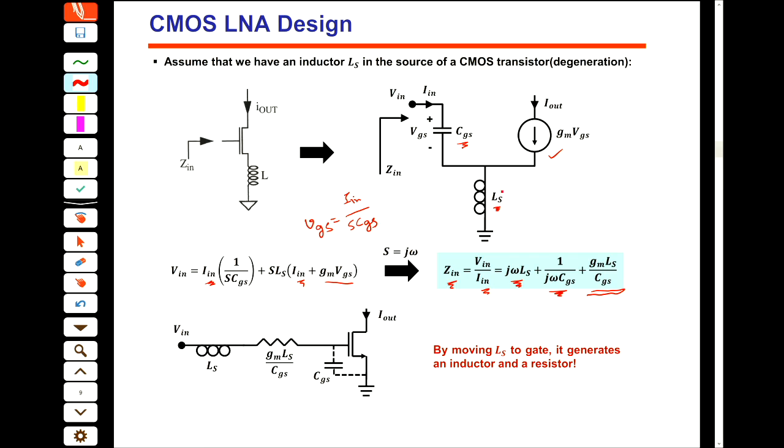I mean, one L can generate L and R here. So now Z in equals 1L in series with 1C in series with 1R.